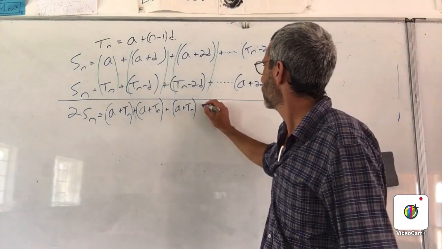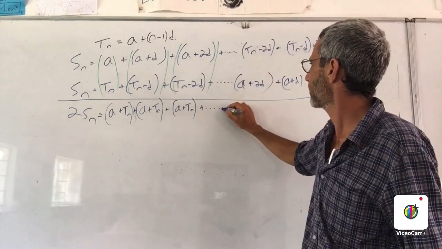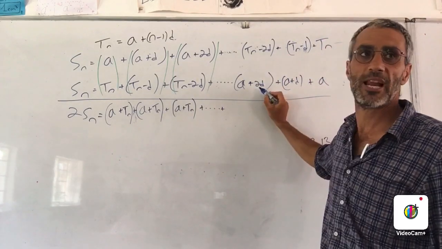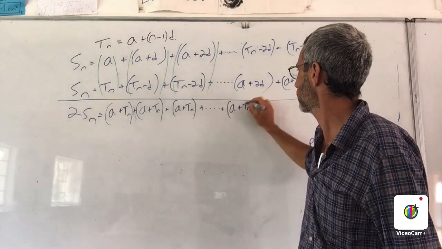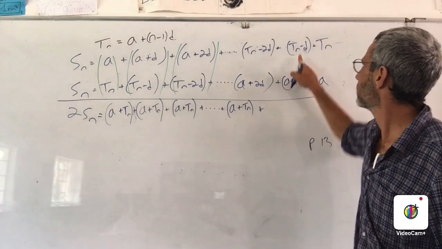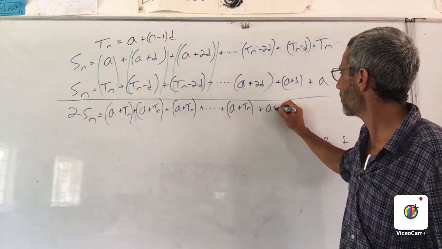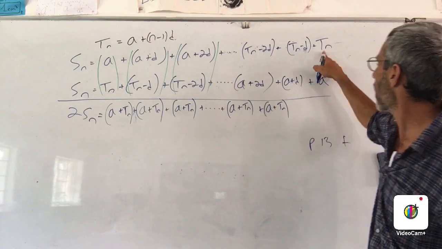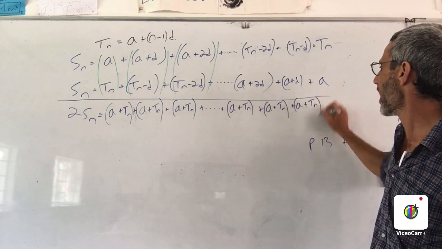What about this one? A plus Tn, minus D plus 2D cancel out. We're still A plus Tn. Next one, Tn minus D plus D cancel the D. We're still A plus Tn. And the last one, Tn plus A. I'm just going to write it as A plus Tn, so everyone writes the same.